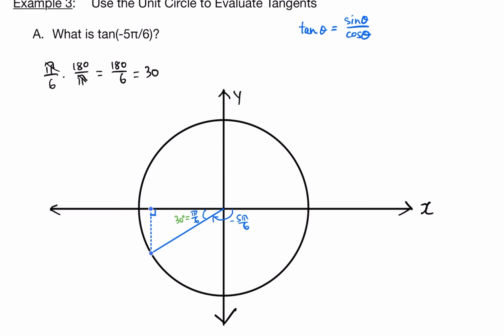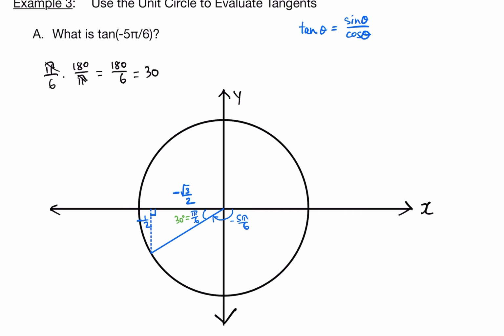As you know, the side opposite the 30 degrees is going to be 1/2. So this side is 1/2, and then the adjacent side, or opposite the 60 degree angle, is going to be square root of 3 over 2. Now, since this is in the third quadrant, both of these values need to be negative.